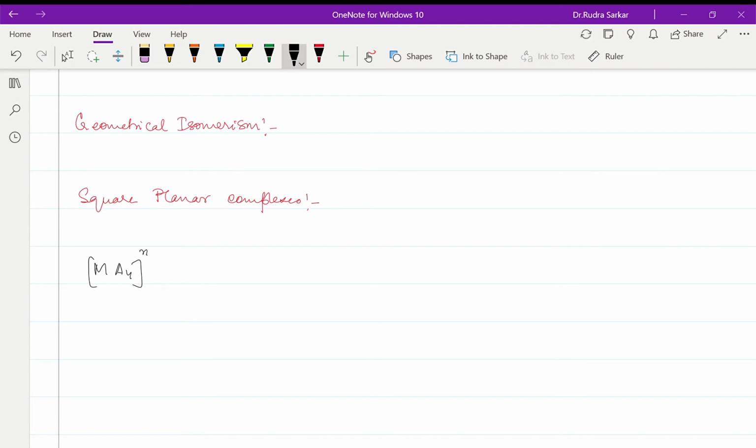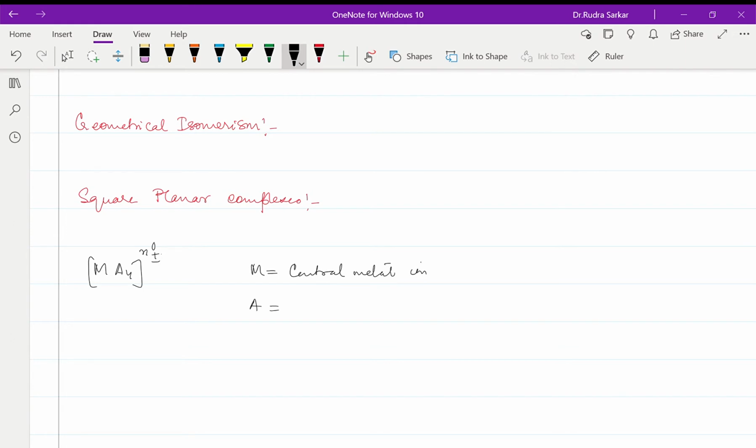And whenever I say n plus minus 0, that means this particular square planar complex can be neutral, positive or negative, where the value of n can be 0 or it can be positive or it can be negative. That is what I mean out here. My M is the central metal ion.